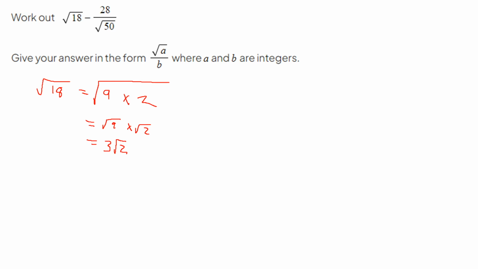And root 50 can be written as the square root of 25 times the square root of 2. What's the square root of 25? The square root of 25 is 5. So that's 5 root 2.